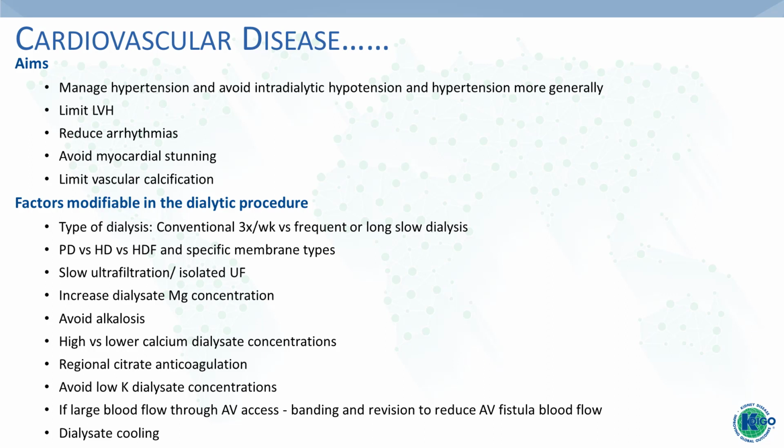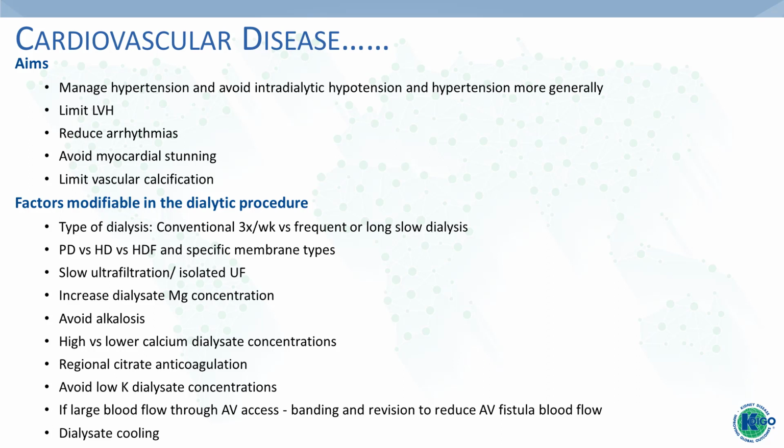So what our aims are to try and reduce this cardiovascular burden are to manage hypertension and avoid intradialytic hypotension, and limit structural changes in the heart, reduce arrhythmias, avoid myocardial stunning, which we know leads to myocardial fibrosis and heart failure, and limit vascular calcification, which we know is associated with vascular events.